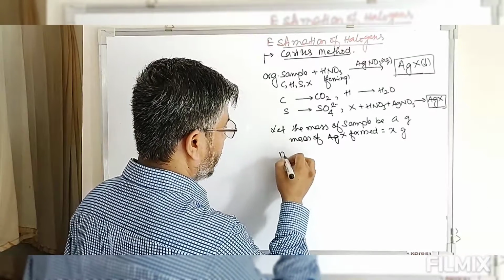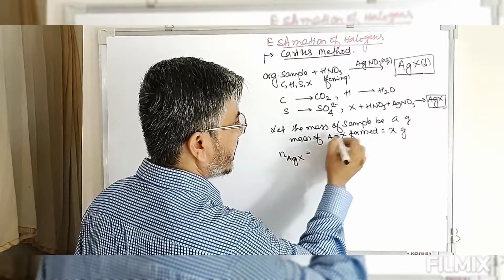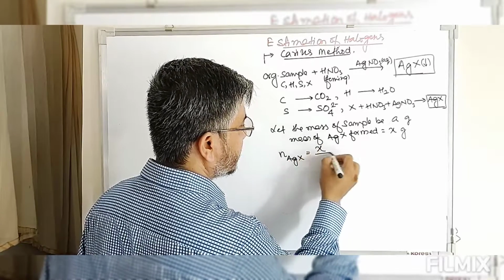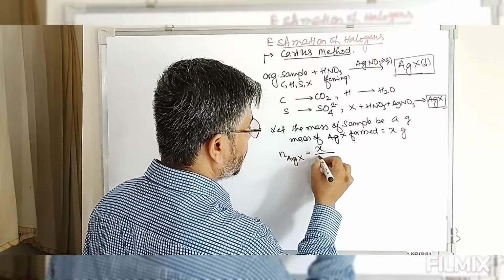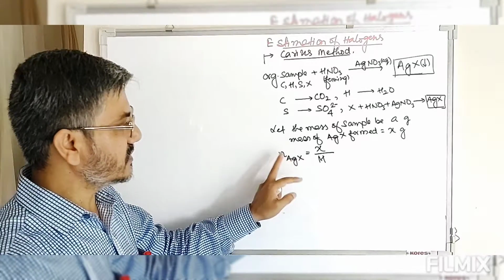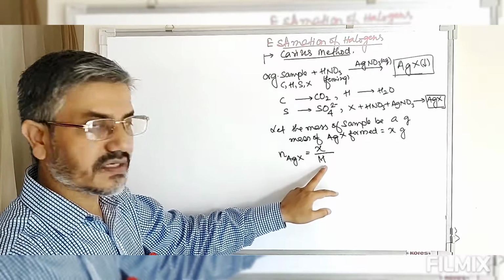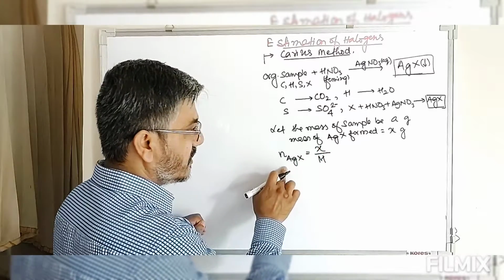Now therefore the number of moles of AgX formed is equal to the mass of silver halide, that is x, divided by gram molecular mass. Let's suppose the molecular mass of this AgX is m. So this is mass divided by gram molecular mass, which is defined as the number of moles of silver halide.